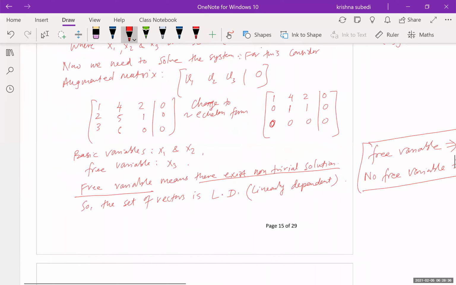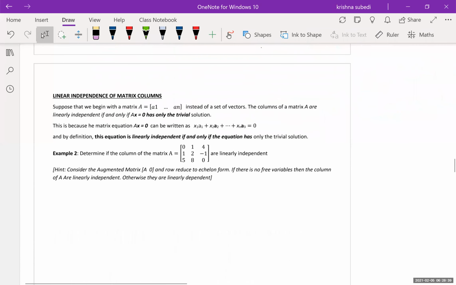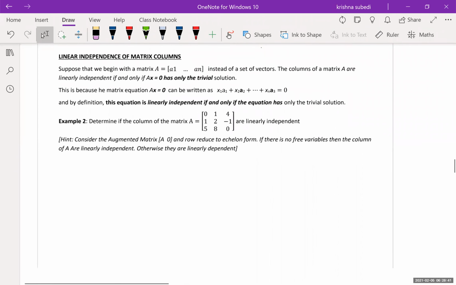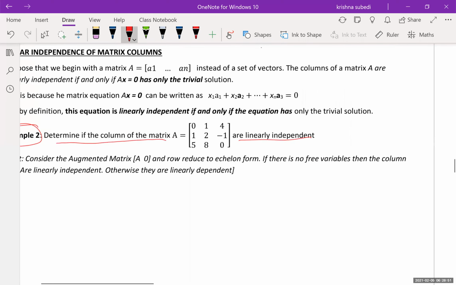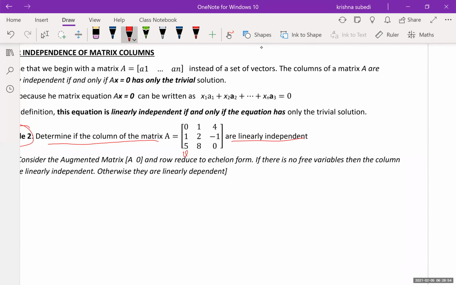Now let's look at another example, and you may want to try this on your own. Example 2: determine if the columns of the matrix are linearly independent. The columns of the matrix means this matrix has 3 vectors. Let's say this is V1, this is V2, and this is V3.